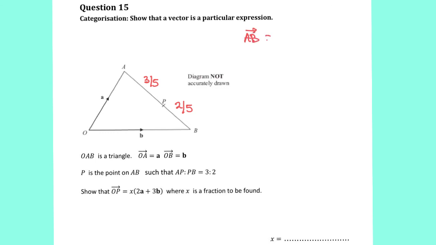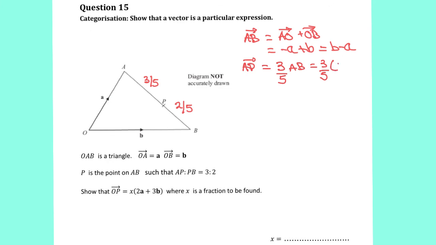Vector AB is equal to AO plus OB, which is equal to minus a plus b, which is equal to b minus a. Now we need to find vector AP. Well, that is equal to 3/5 of AB, which is equal to 3/5 times b minus a. Now we can find vector OP.